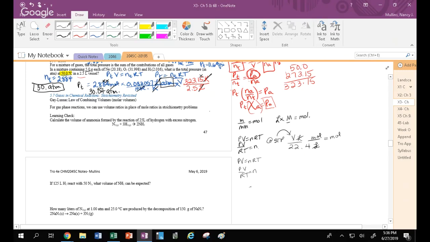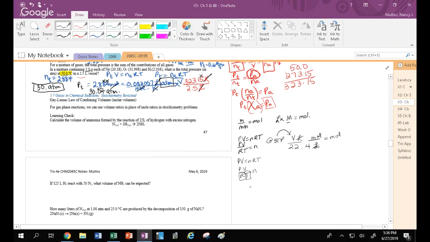If they're in the same container, temperature and total pressure are constant, and R is constant. If they're in the same container, the mole fraction is going to be the same as the volume fraction.